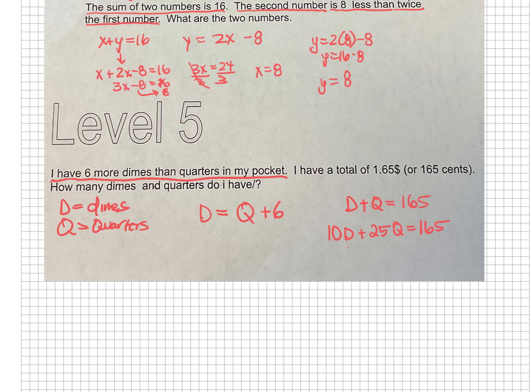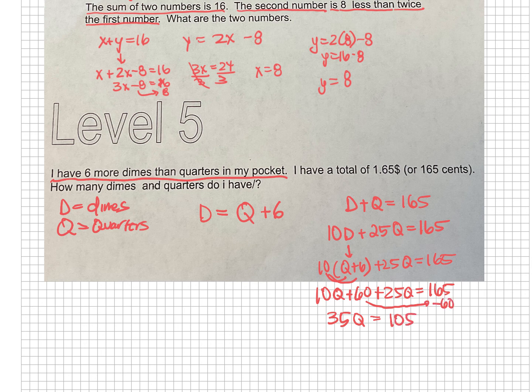But I also know dimes now are, I can plug in quarters plus 6, multiply it by 10. 10 quarters plus 60 plus 25 quarters equals 165. 35 quarters equals, I got to move the 60 over here to negative 60, equals 105.